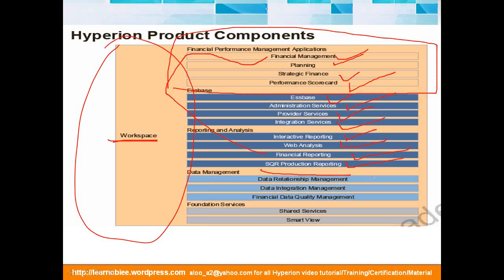We have data management tools as well. We have DRM or data relationship management or MDM. DIM is a plugin, which could be used as a plugin with your Informatica to load data directly from Informatica, and another, FDQM. Foundation services, Smart View and shared service.